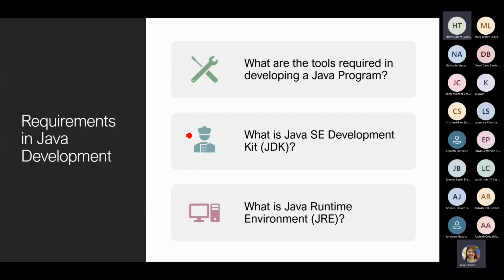First, the question is, what are the tools required in developing a Java program? In order to write and run a Java program, there is a package that needs to be installed, and that is called the Java SE Development Kit, which is ito.